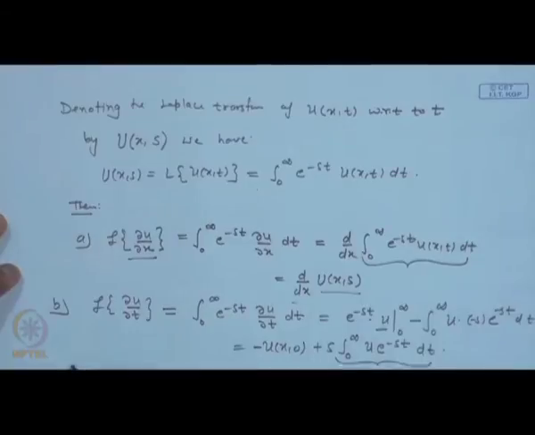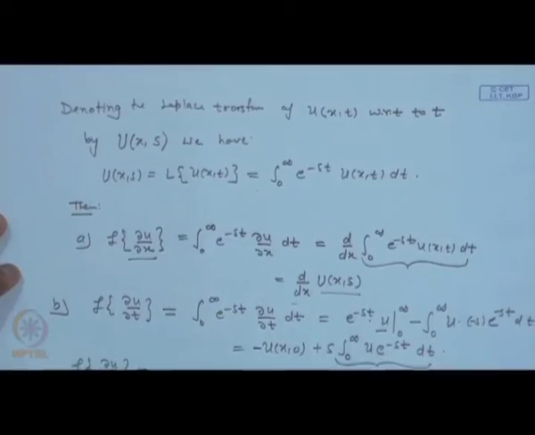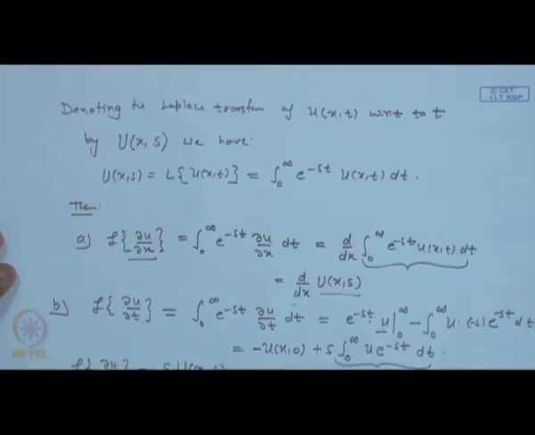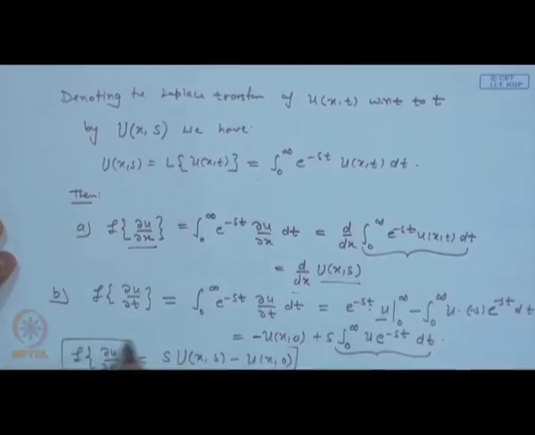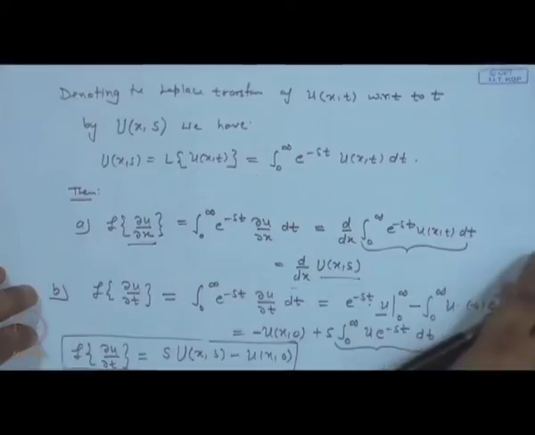So, we have the result that the Laplace transform of del u over del t is simply s times u(x,s) minus u(x,0). So, it is again the derivative theorem as in the case of one variable.